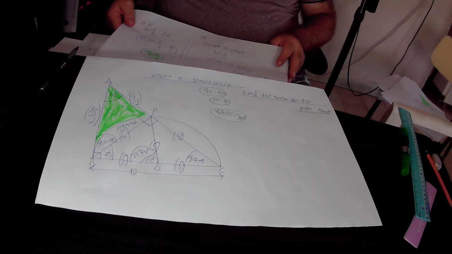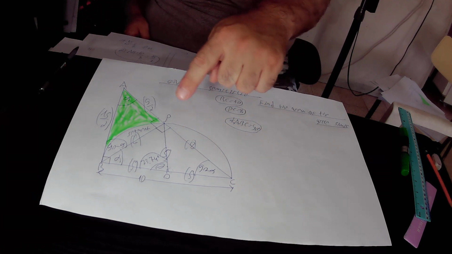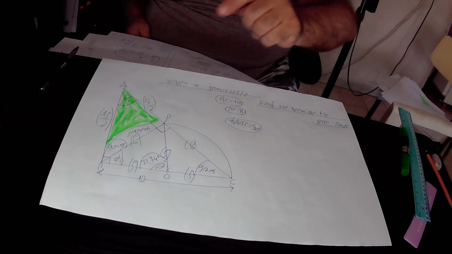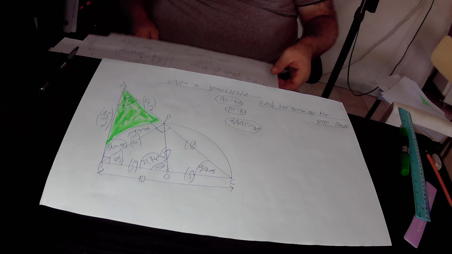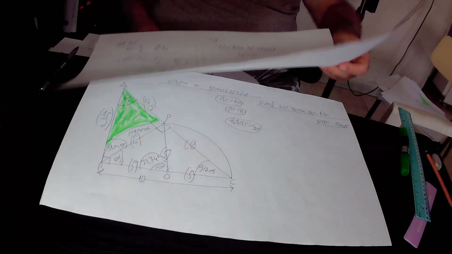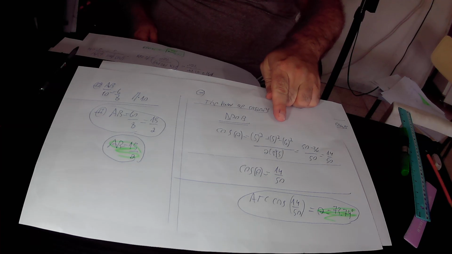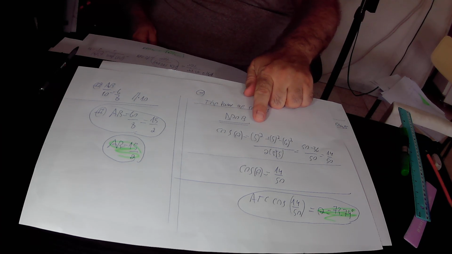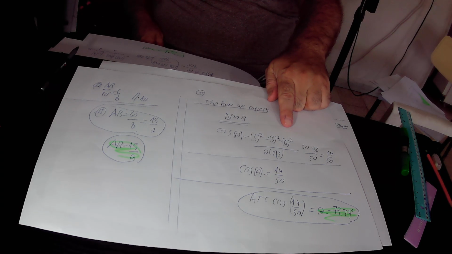According to the law of cosines, in this triangle BPO, cosine theta equals 5 squared plus 5 squared minus 6 squared over 2 times 5 times 5. 5 squared is 25, so 25 plus 25 is 50, minus 6 squared, which is 36.